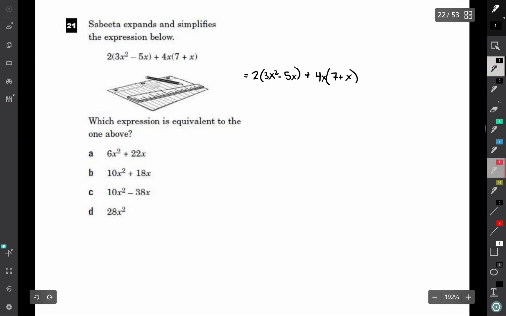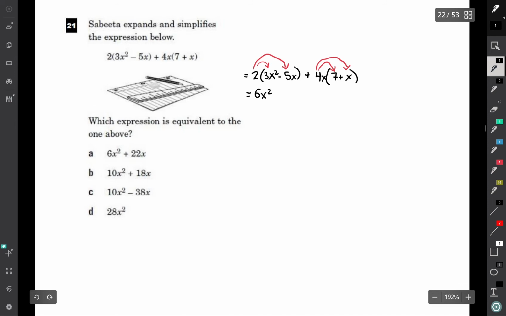Now, I actually draw these arrows because they help remind me to not forget what I'm doing. I have to multiply what's in front of my bracket by both terms inside my bracket. So I get 2 times 3x squared, that's 6x squared.